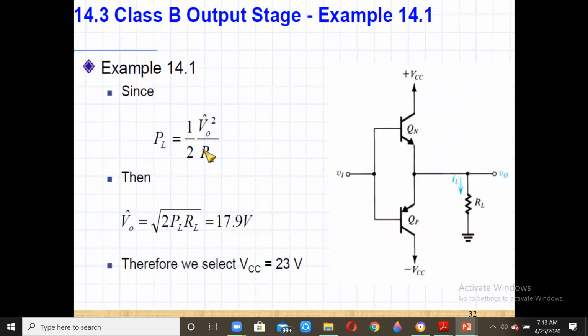We know PL is equal to half of V naught squared by RL. So V naught will be the root of 2 PL RL, which is 17.5 volts, approximately 18 volts. VCC should be 5 volts above, so 18 plus 5 is the safe value to select for VCC, equal to 23 volts.